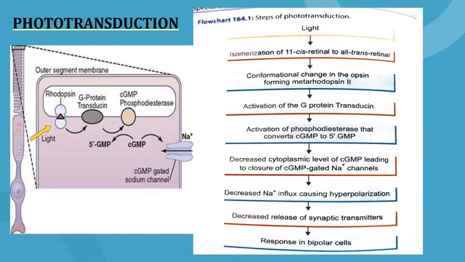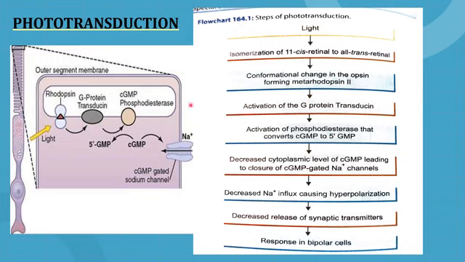In this flowchart you can see, when light falls on the eye, there will be conversion of 11-cis retinol to all-trans retinol, and a conformational change in the opsin forming meta-rhodopsin 2. This meta-rhodopsin 2, as I said in the previous slide, helps in the series of transformations so that the sodium entry takes place.